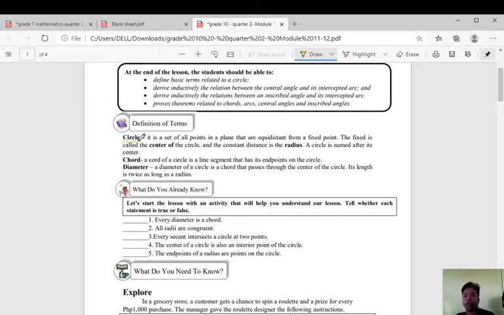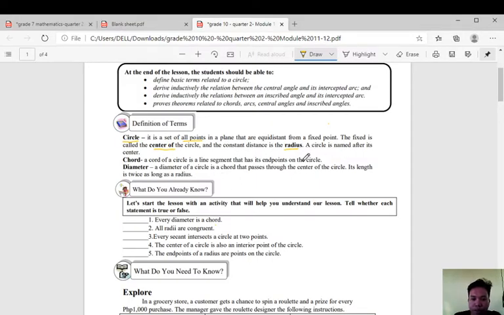In analytic geometry, or if you're familiar with the Cartesian plane, a circle is a set of all points in a plane that are equidistant from a fixed point. And that fixed point is called the center of the circle, and the constant distance is the radius.